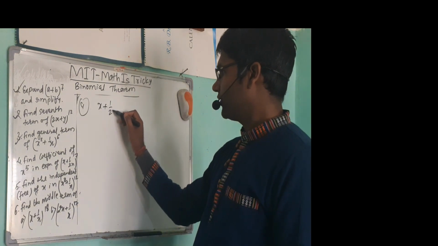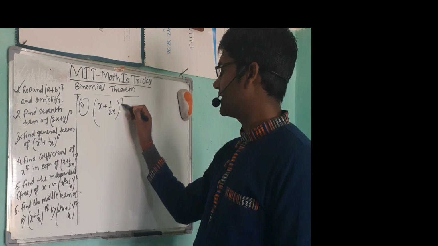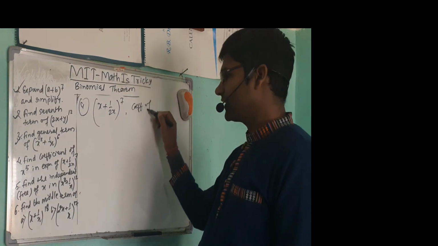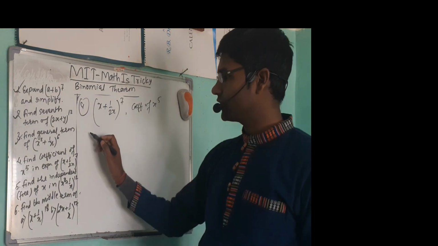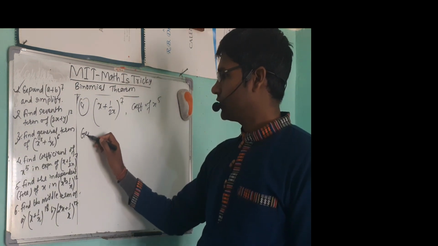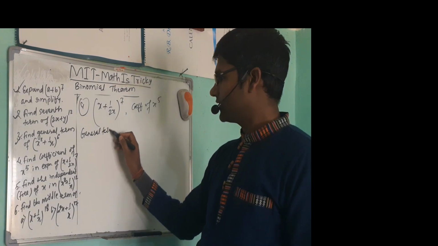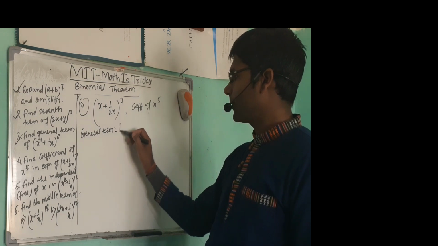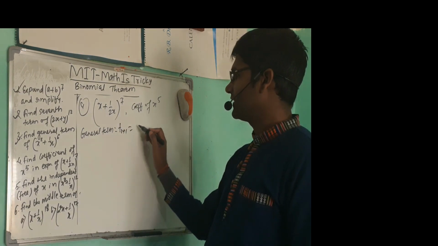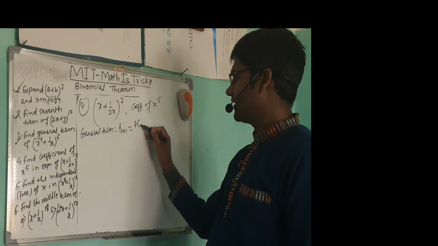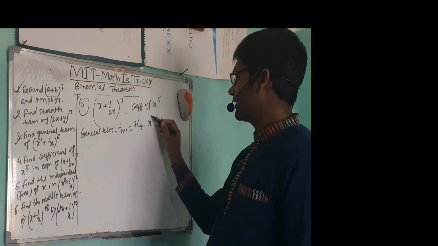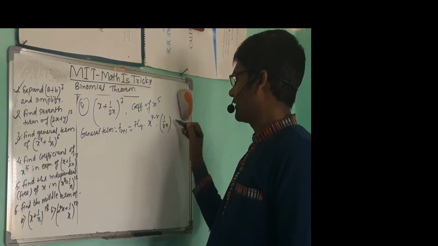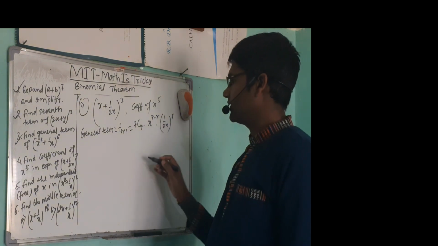Question 4: find the coefficient of x^5 in the expansion of (x plus 1 by 2x) whole power 7. We have to find the coefficient of x^5 in this expansion. So let's first write the general term. T(r+1) equals C(7,r), x^(7 minus r), and (1 by 2x)^r.